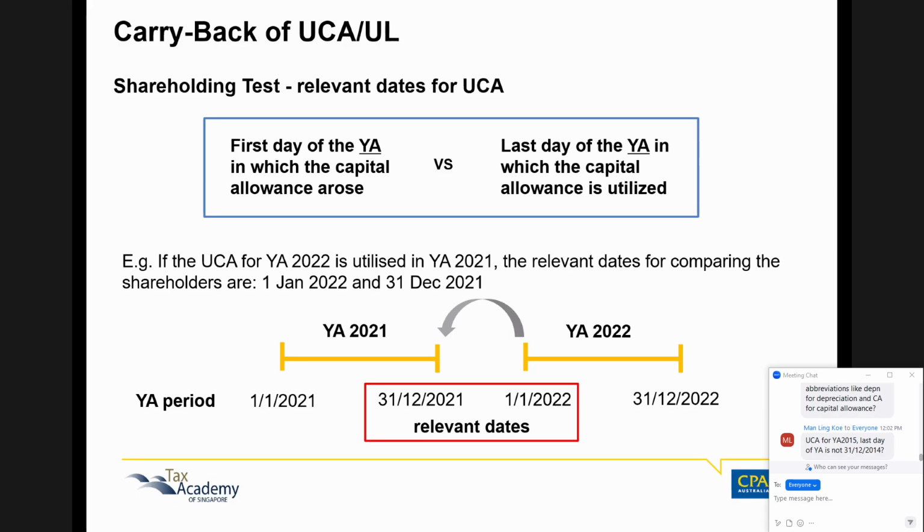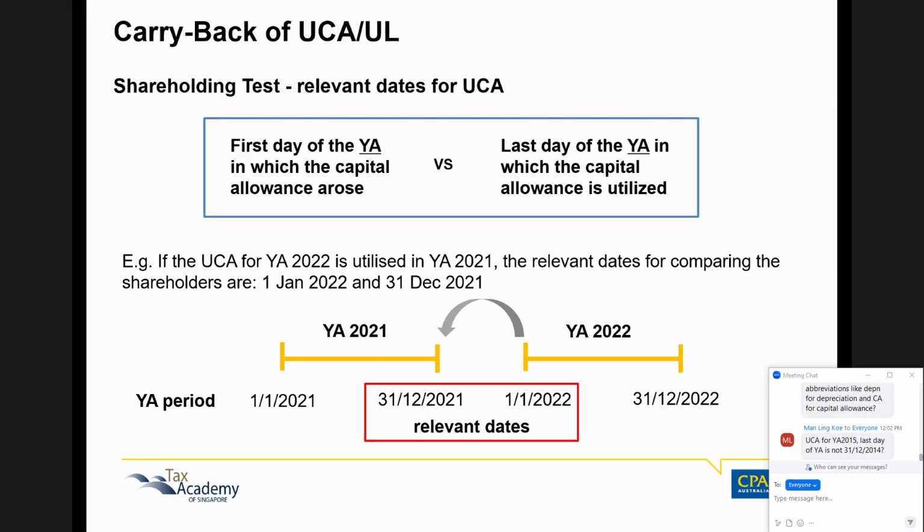Then I want to utilize it back. I look at the last day of the YA in which the capital allowance is utilized. So the preceding year, only one year back. So YA 2021, my last day of the YA is 31st December 2021. It's just a one-day difference. When we are talking about YA, we're always looking at a calendar year, 1st Jan to 31st December.